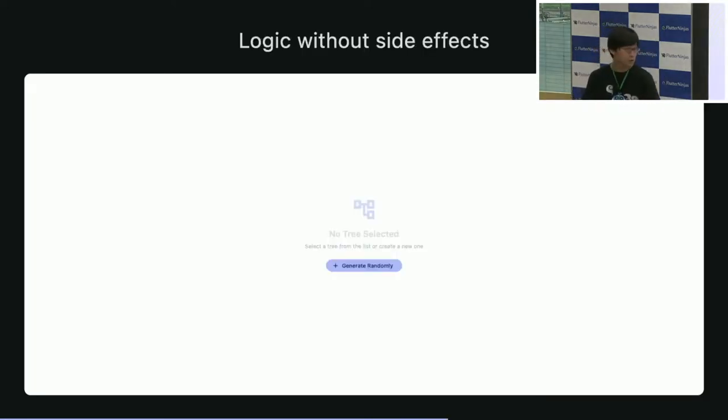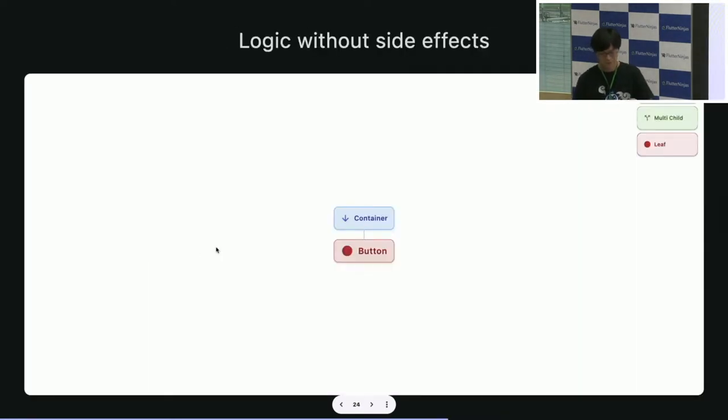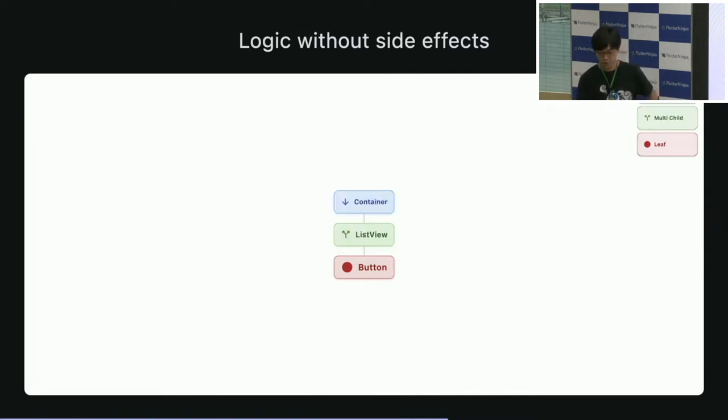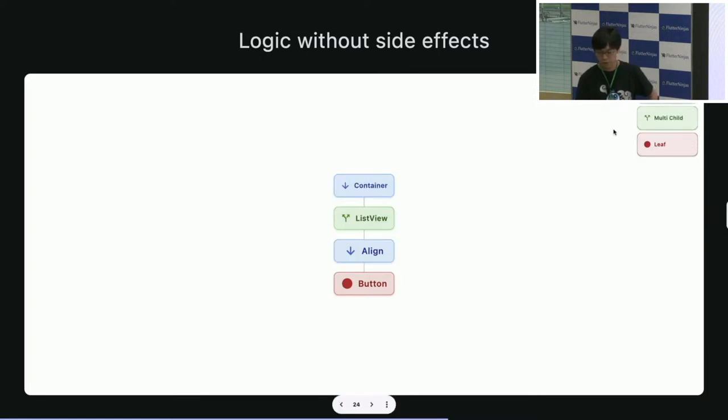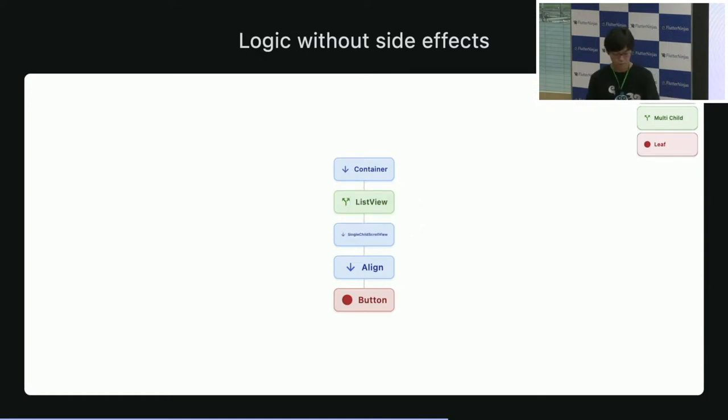So we have the widget tree editor again. Oh, sorry. We have to select in this page. Okay. So we have the functionality to edit the widget tree using drag and drop like this. And when I drop the new widget onto the existing widget tree, the business logic will calculate the updated widget tree, the data structure of the widget tree, and generate the new structure.